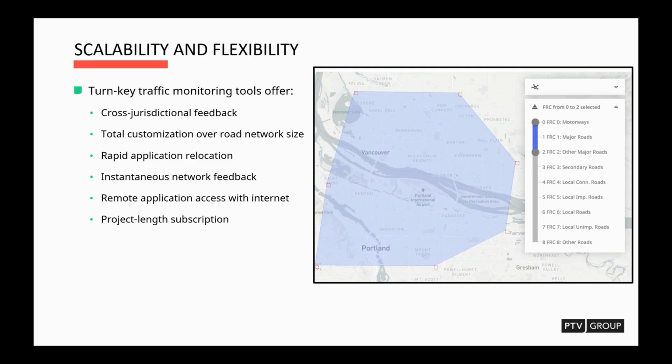With remote application access with the internet, that means that you have the flexibility to access the state of the network and access these traffic forecasts and these KPIs as long as you have access to the internet, which provides a lot of flexibility to your team and your user base. And of course, with project-length subscription, that means that you can essentially monitor your network for as long as it is important to you. So compare that to a hardware type environment.